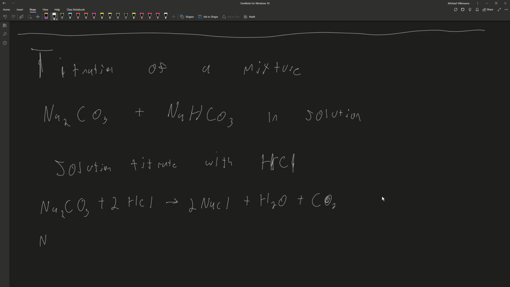And if we take NaHCO3, you'll have only one HCl react with it. And this will also yield NaCl plus H2O plus CO2.